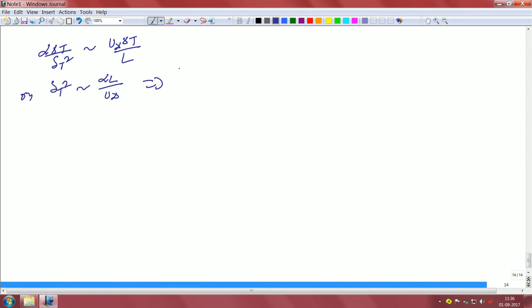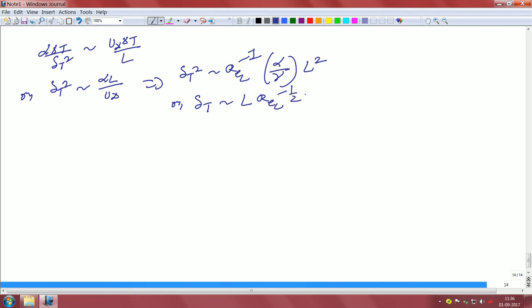This leads to delta t square is proportional to Reynolds number to the power of minus 1, alpha by gamma into L square. Or in other words, delta t will be equal to L Reynolds number to the power of minus half into alpha by gamma raised to the power of minus half.